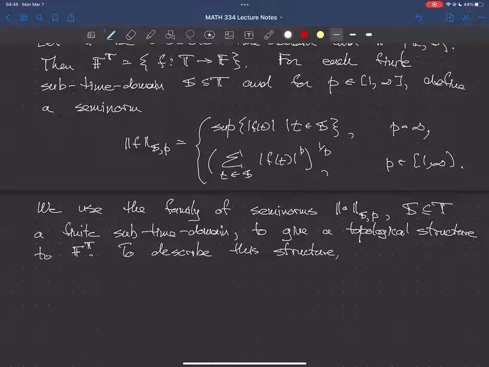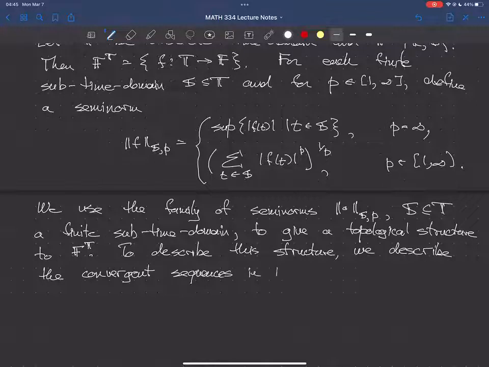Okay, so to describe this structure, we describe the convergent sequences in FT.